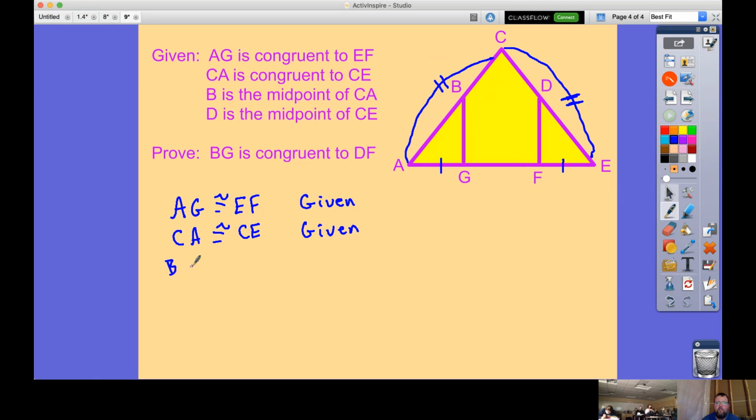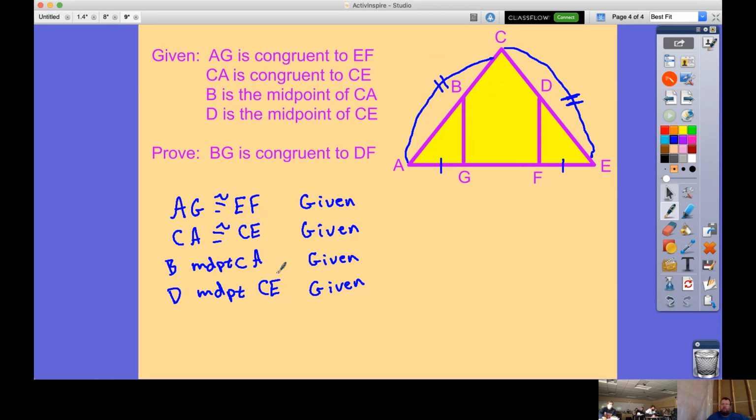We know that B is the midpoint of CA and D is the midpoint of CE. And those are all given. All right, so what does that midpoint thing do for us?